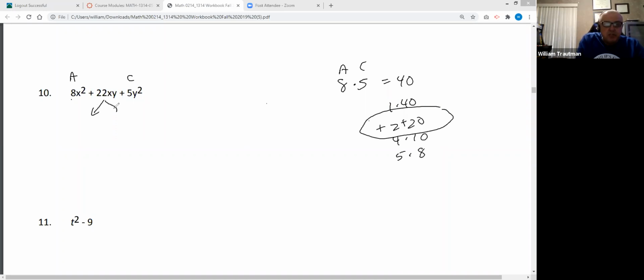I split the middle with a plus 2xy and a plus 20xy. I'm breaking 22 up into two pieces, 2xy and 20xy. Then I have a plus 5y squared here and an 8x squared here. Now I can factor this using the 4-term method.